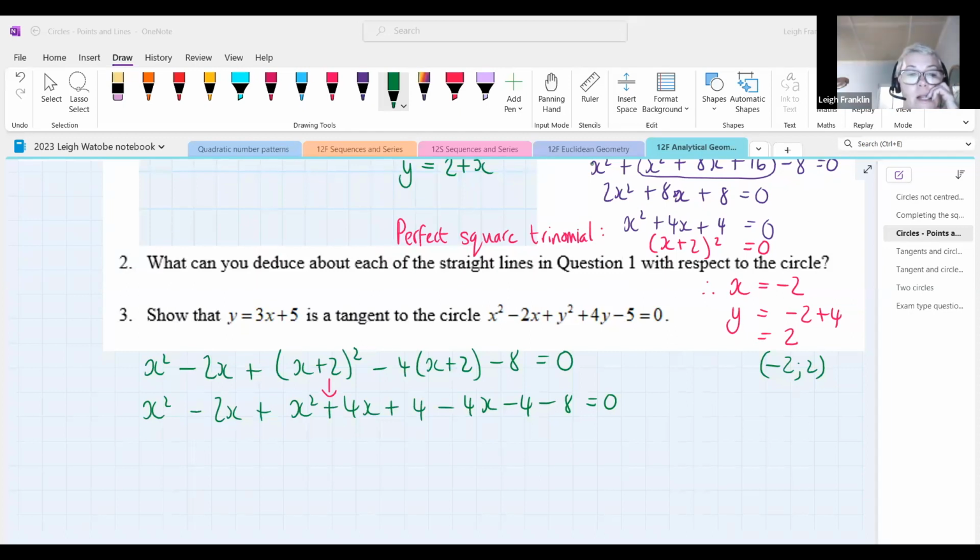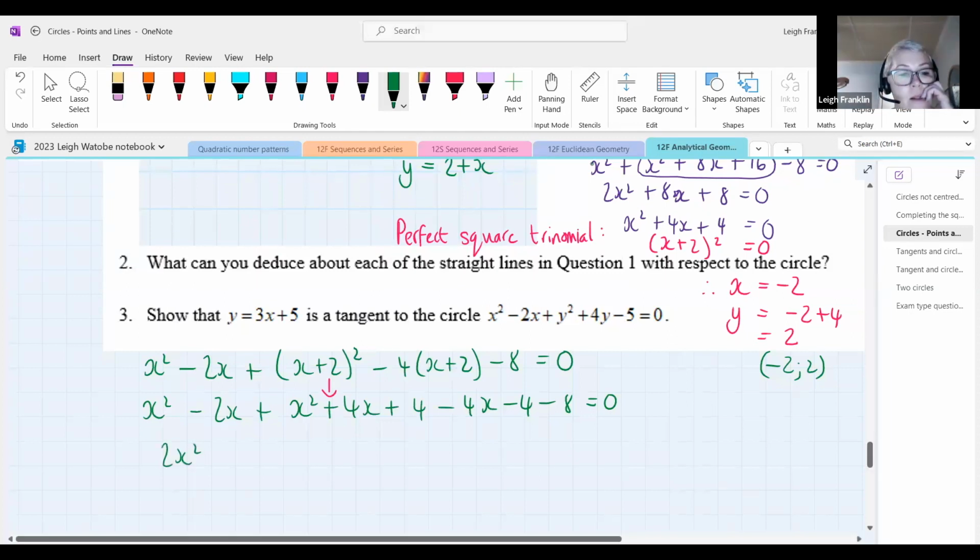2x squared plus 2x minus 4. Sorry, just say that again. Sorry, Teacher Lee, I'm not sure whether it's me, but aren't we repeating another 4 there?